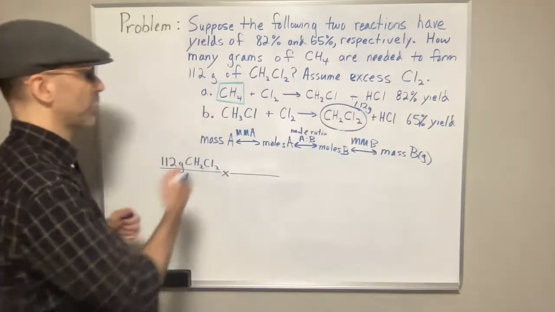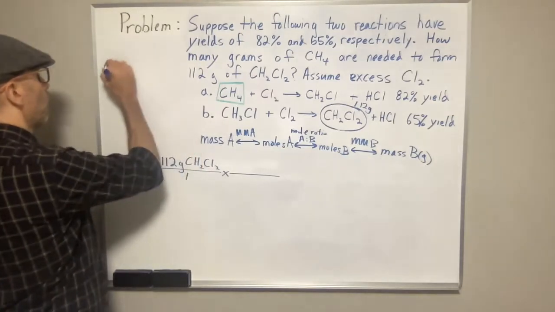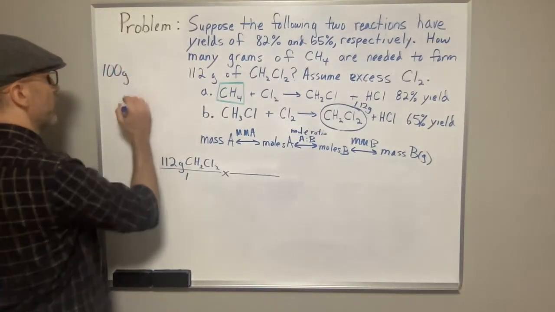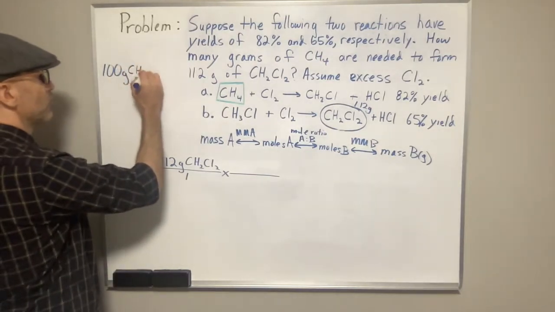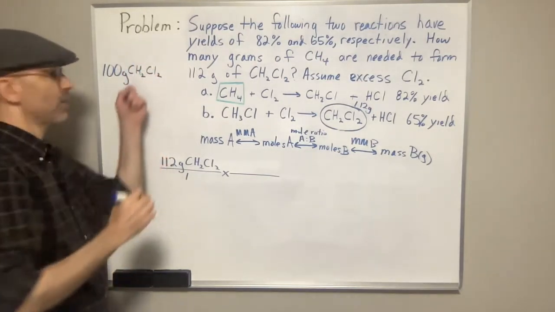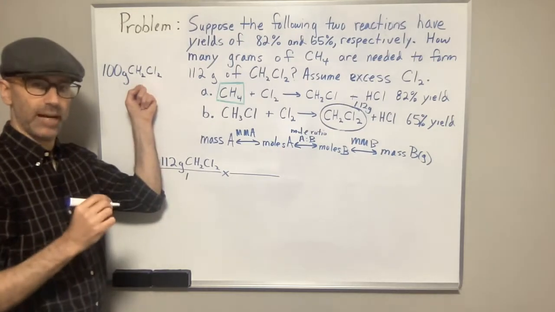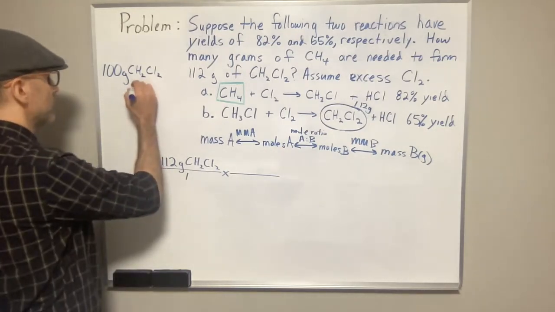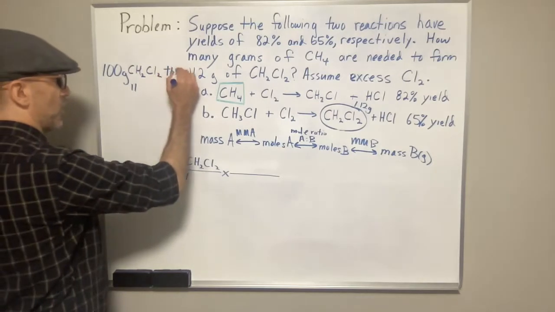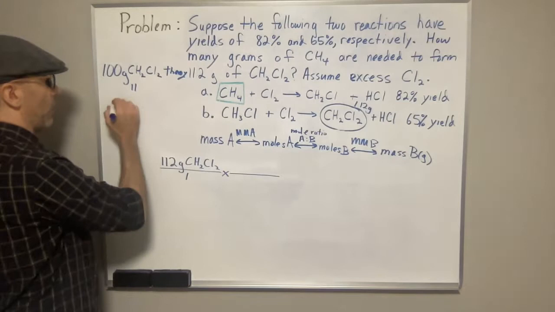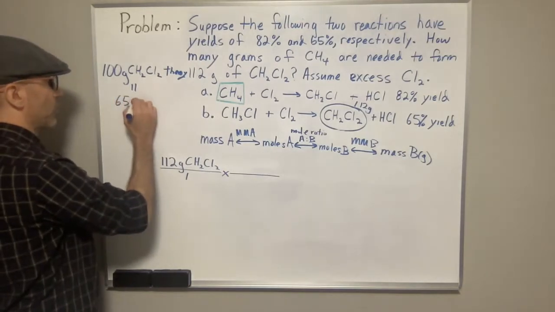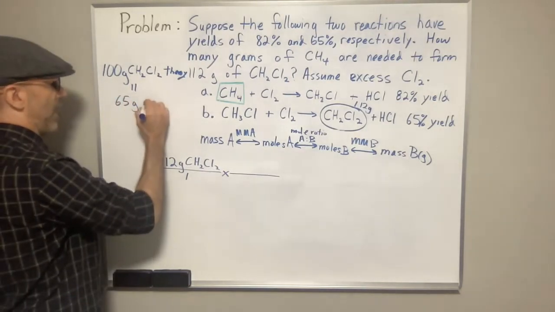What does this mean? It means that for every 100 grams of CH2Cl2 that I should have theoretically gotten, I only got, so this is theory, and I only got 65 grams of that actual.